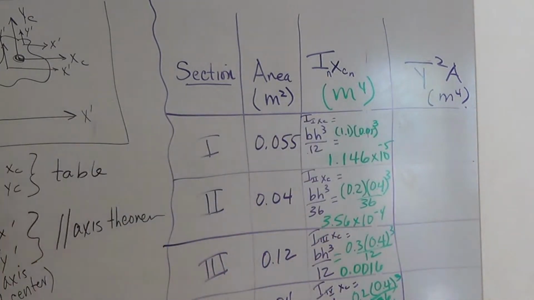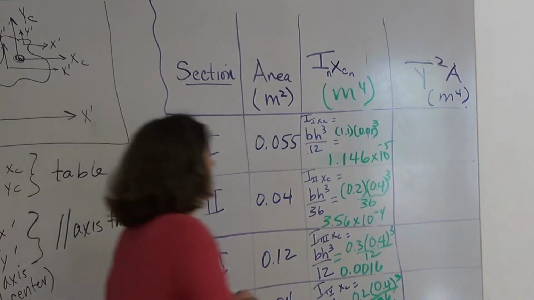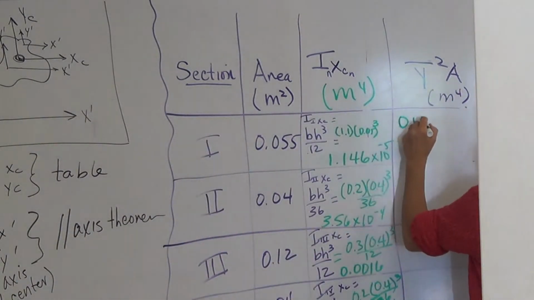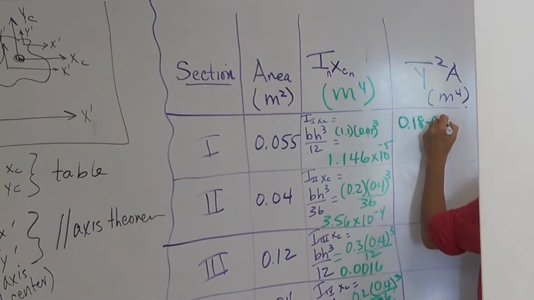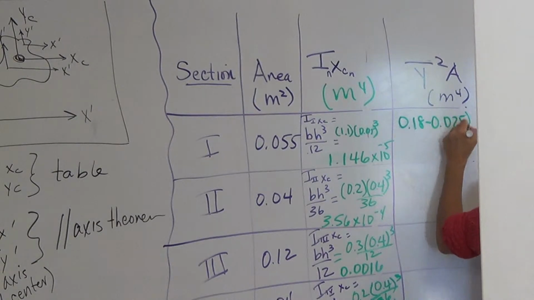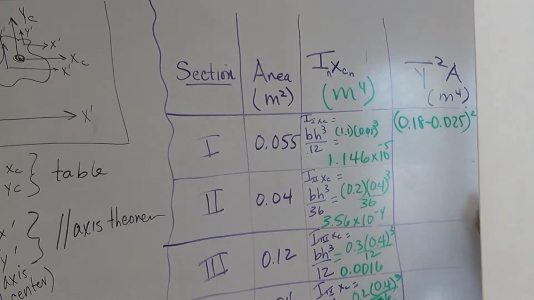So now we're looking at here, where its centroid is right here. What's the difference? What's the y bar here going to be? 0.18 minus 0.025, right, squared. Do you agree?